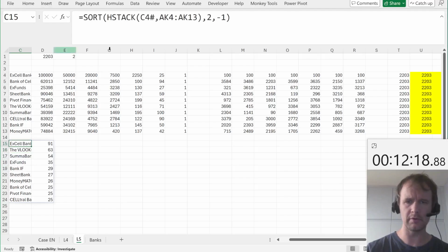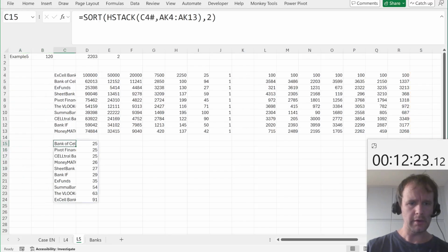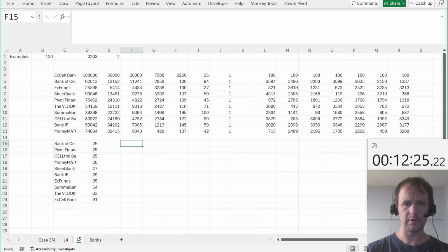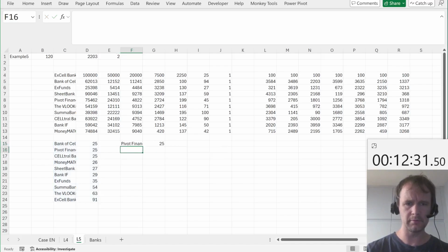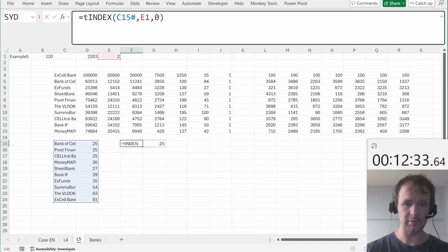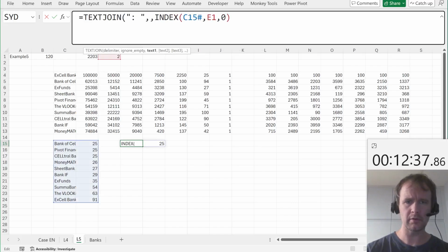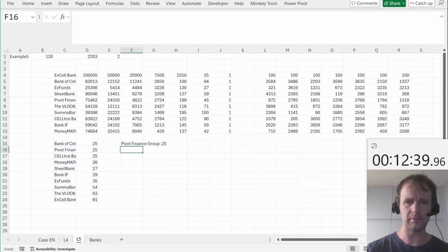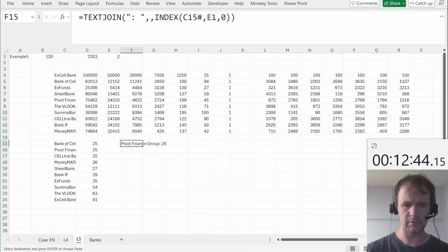No, sorry, in ascending order. Okay, and then we're interested in index this. Row number is this, column number is 0. And then we want to text join that by, with that, finance group, column 20, yes.